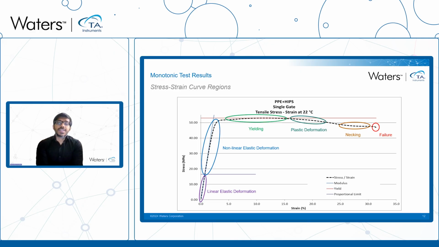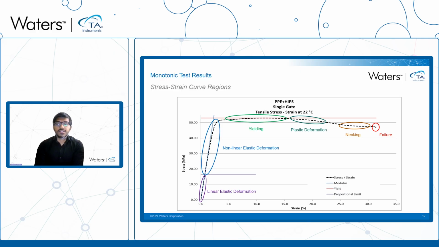Then the material enters a plastic deformation region, as you can see here, where it is now deforming in an irreversible manner. And if you remove the strain, the material will still demonstrate some of the deformation due to that applied strain.